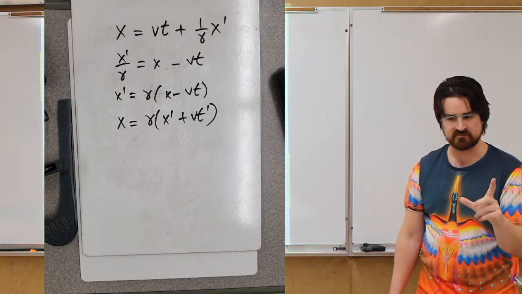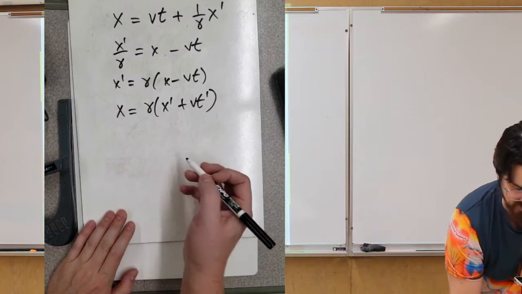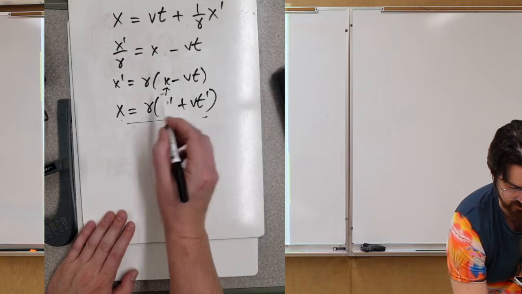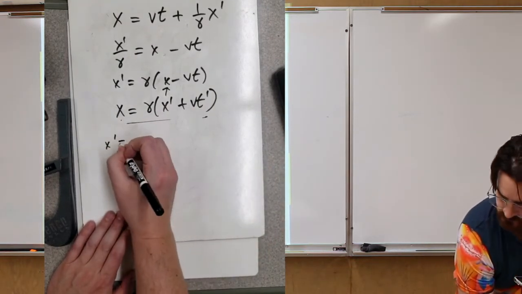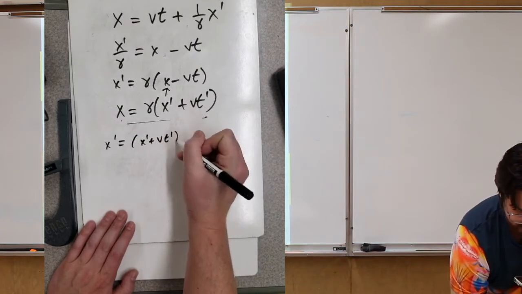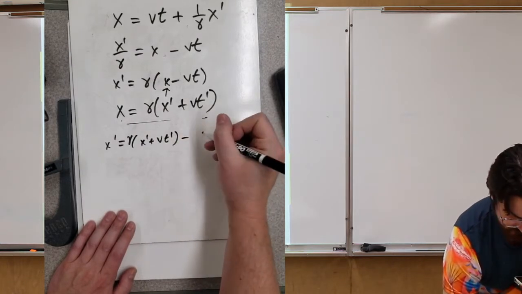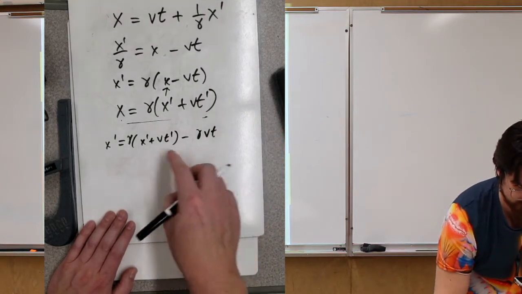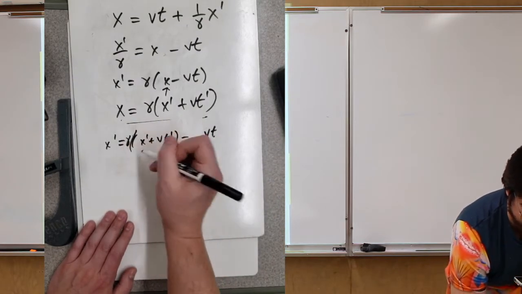What about for time? Time is a bit more involved, but we're basically taking this relation and plugging it into the prime frame here. I guess maybe I'll just keep those gammas outside for now.